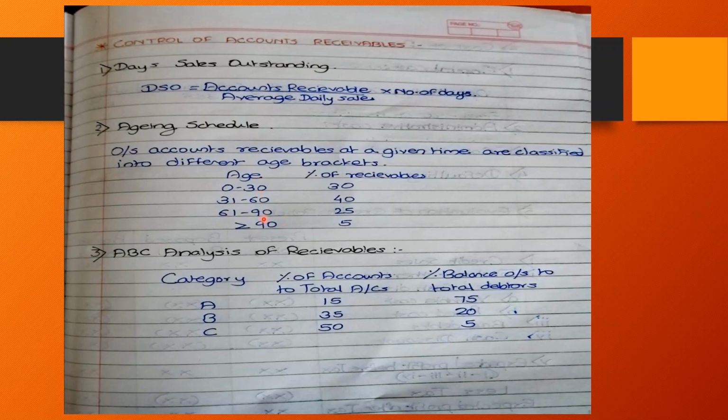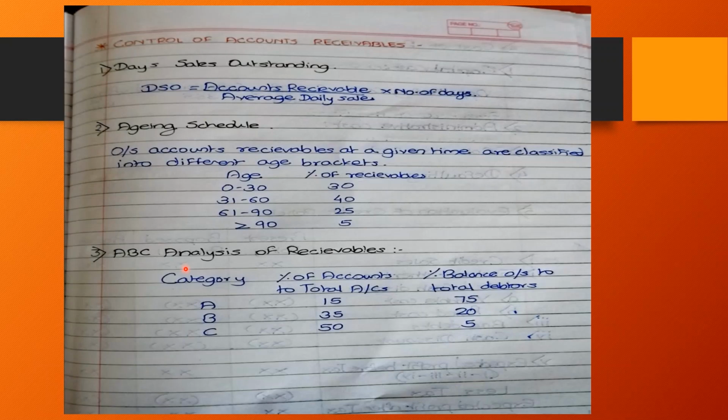So the purpose of classifying the debtors by age is to see how many debtors we have in earning capacity and how many in non-earning capacity. If we have more non-earning capacity debtors, we will try to reduce them and increase earning capacity debtors, because there will be no bad debts or very few bad debts from the earning capacity, and the chances of bad debts from non-earning capacity debtors are more.